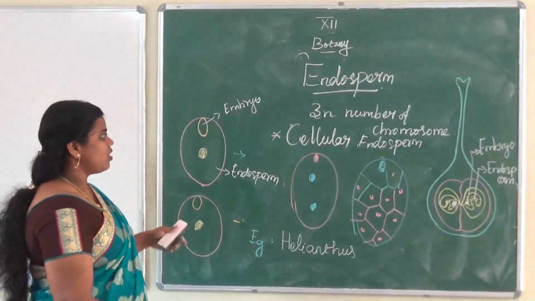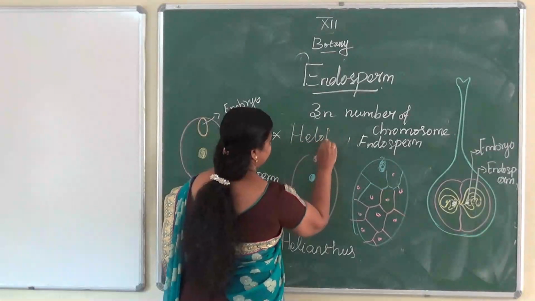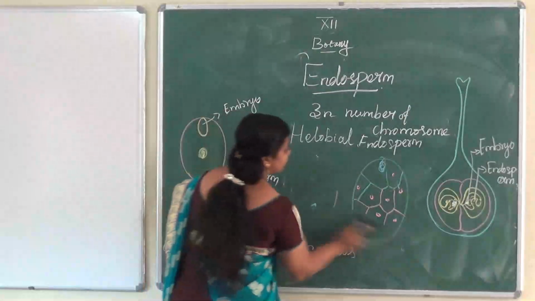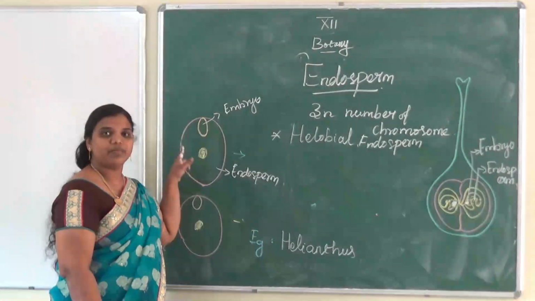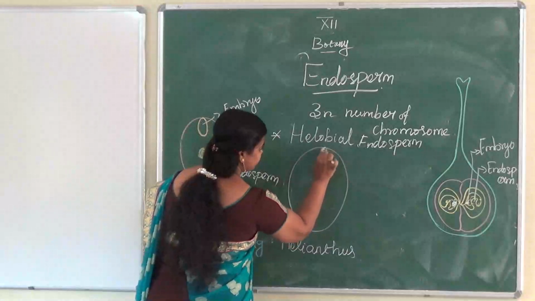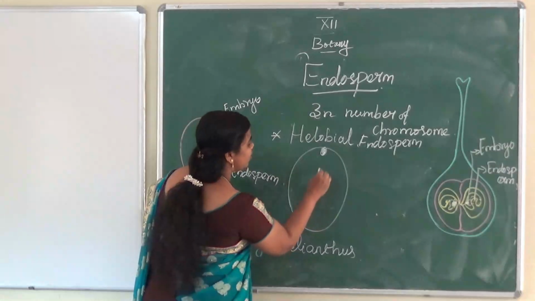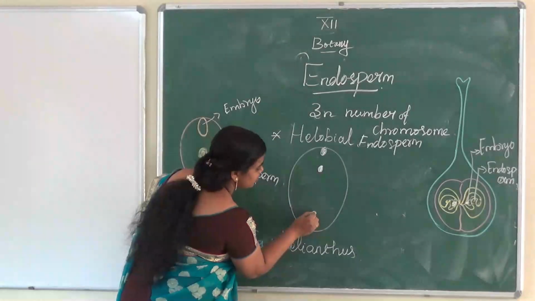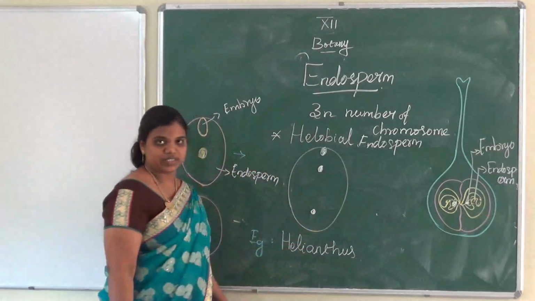And then the next one is helobial endosperm. Helobial endosperm also has the embryo and the endosperm nucleus. Immediately cell division occurs to form two nuclei in separated ways. That means one is at the micropylar end, and another one moves to the base of the embryo sac, that is the chalazal end.